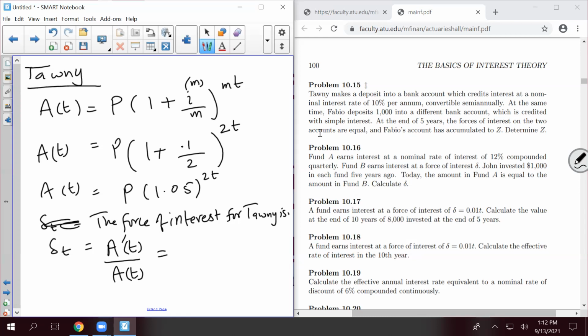So what's the derivative of this? P is a constant, so you keep it. And what's the derivative of 1.05 to the power 2t? Calc 1 skills. First of all, it looks like the power rule, but is this the power rule on 1.05 to the power 2t?